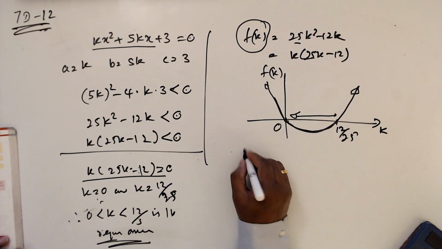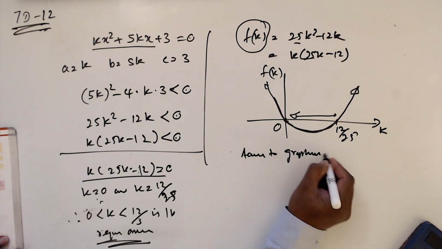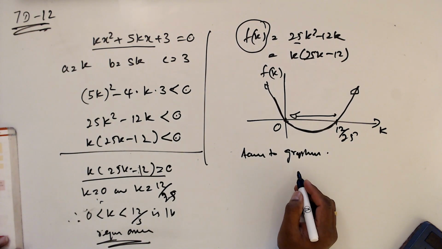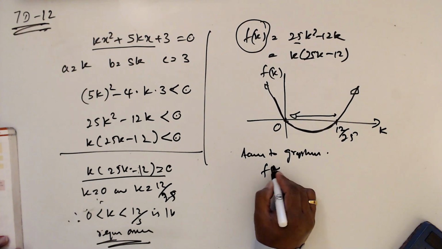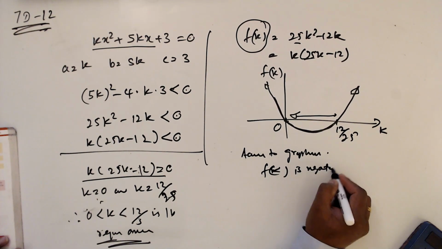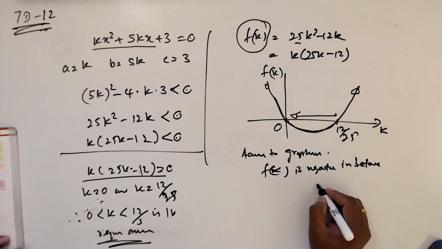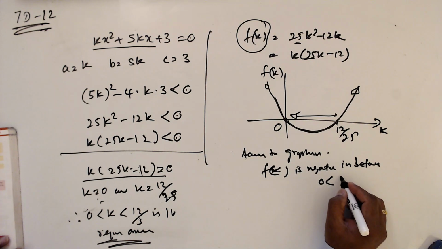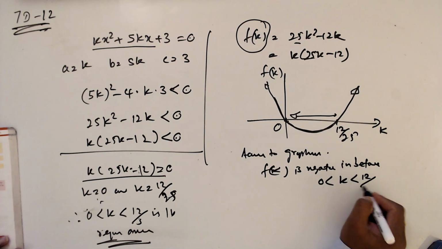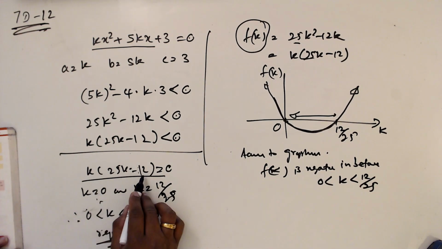Then you have to tell, according to the graph, f(k) is negative in between 0 < k < 12/25. So f(k) means this one.